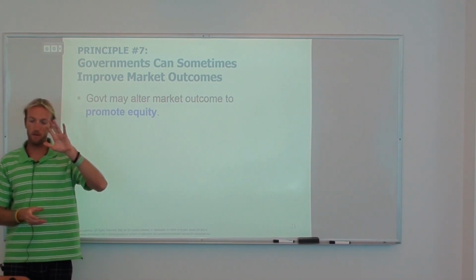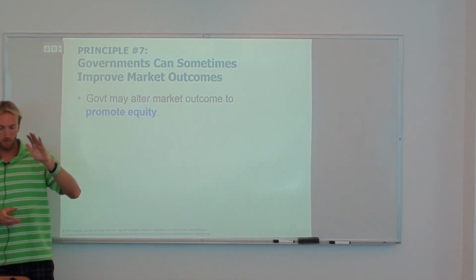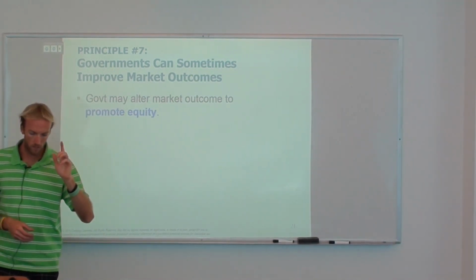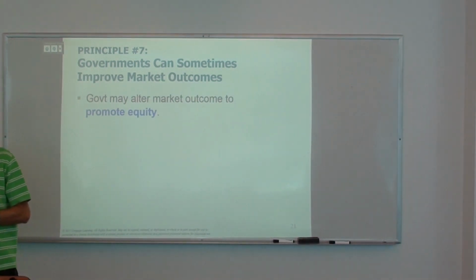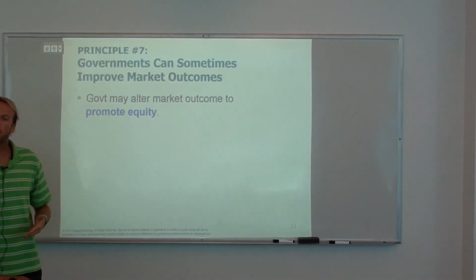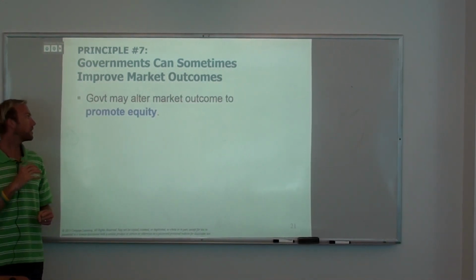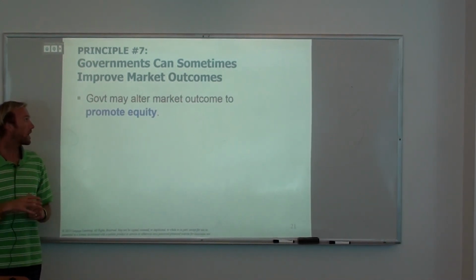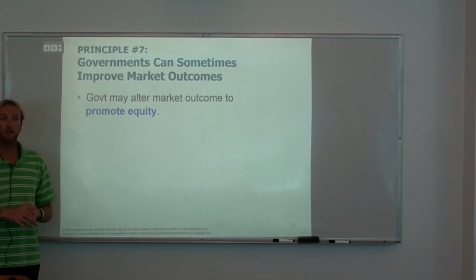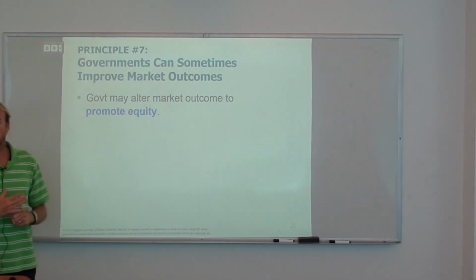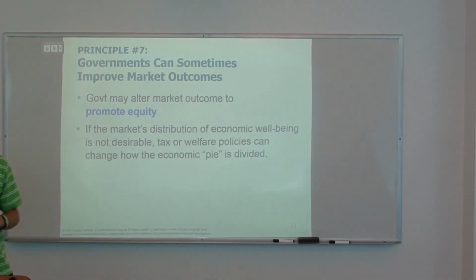There's scope for the government to come in and fix either the equality or the efficiency problem when the market is not following those couple of assumptions that I gave you guys. All right.